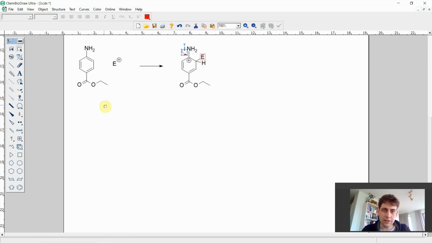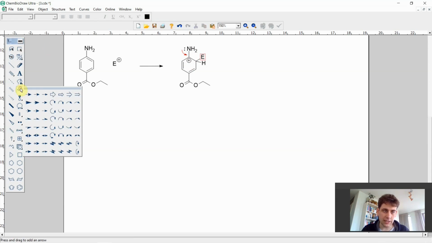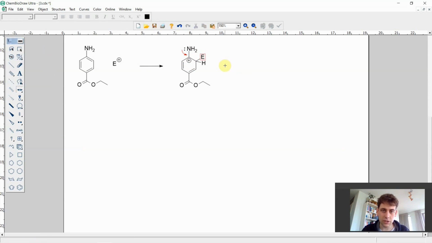We color this in red, and then we would get this resonance structure. So we draw the resonance arrow here. I would just copy this molecule over here, remove the arrow, remove the lone pair, remove the cationic charge, add the double bond here, and then add the cationic charge to the nitrogen. And then we see that this structure is actually stabilized.